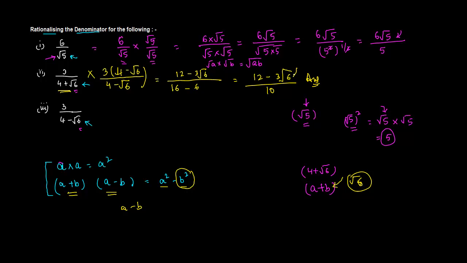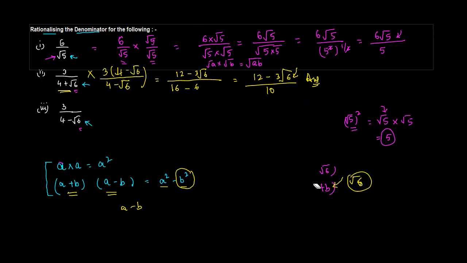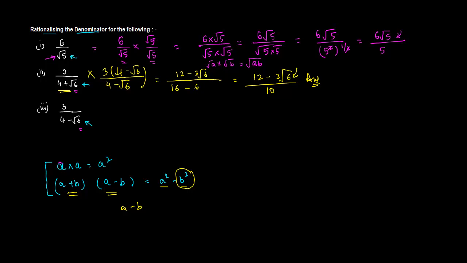Why? Because we can't solve root 6 anymore, right? Now just like this, let me just clear this off. In this particular equation we have a minus b, right? So in order to solve this equation, I need to multiply it by what?